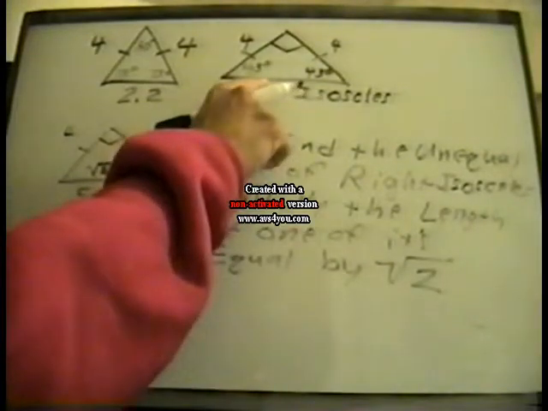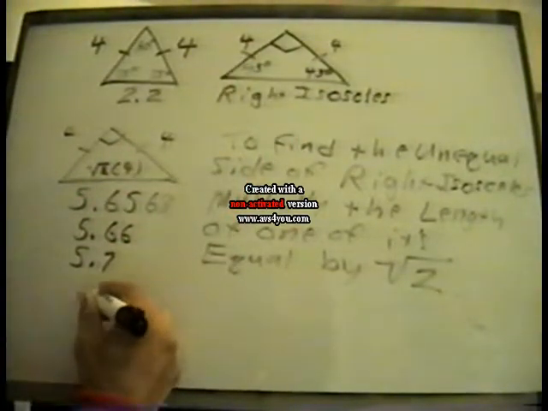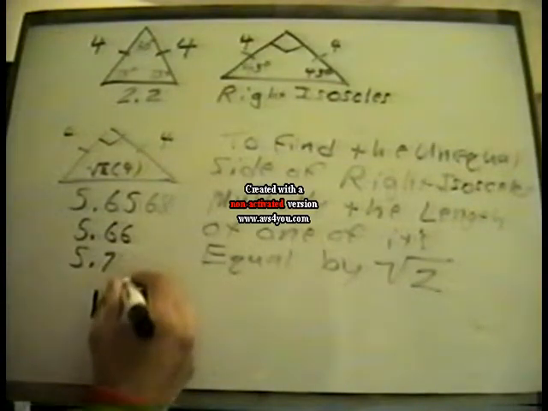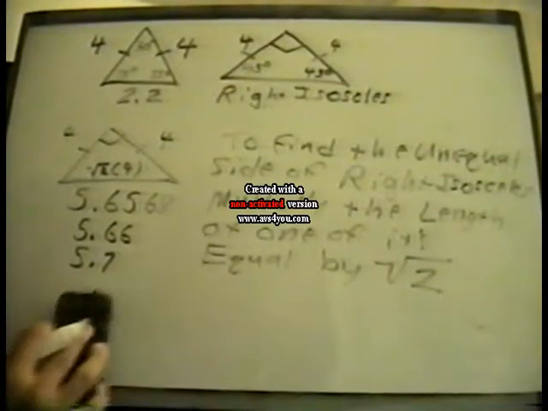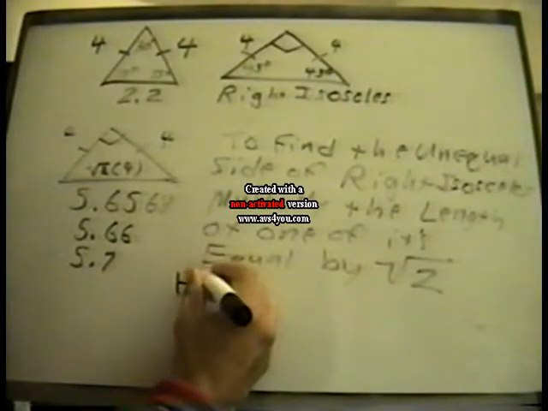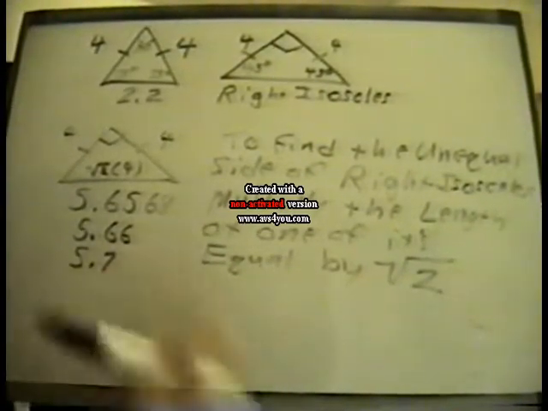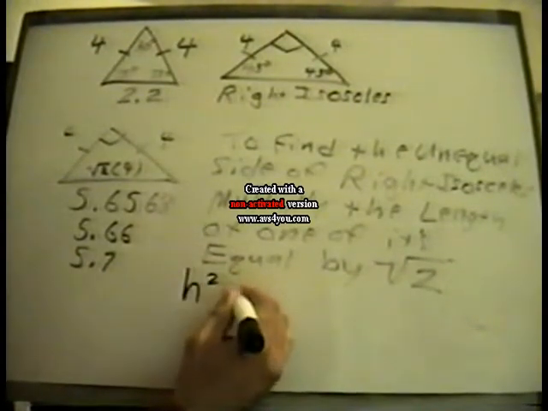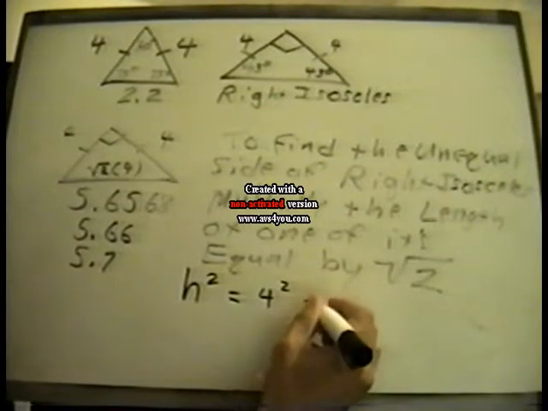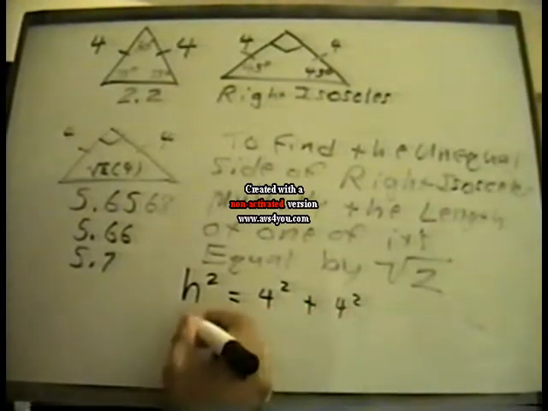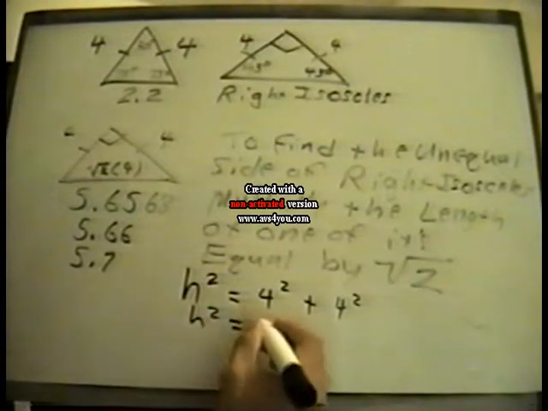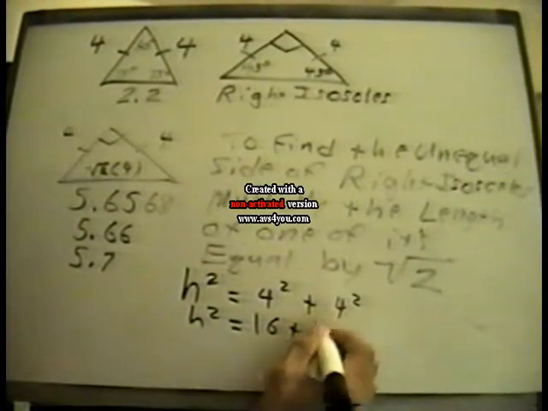Because this is a right isosceles triangle, the unequal side would be the hypotenuse, so you get h squared, small h, h squared is equal to 4 squared plus 4 squared.